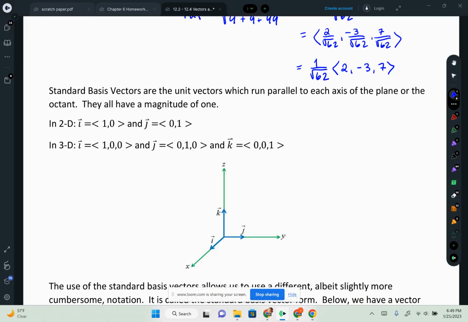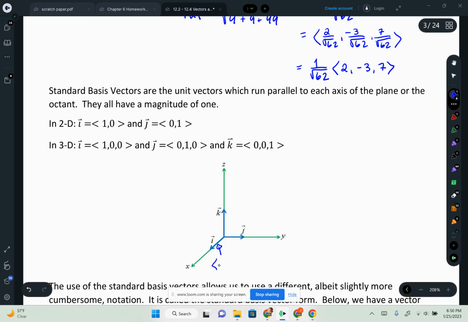So, focusing on the 3D case, there are often situations where we would like a vector that represents one of the standard axes, x, y, or z, but has only a length of unit 1, okay? And so we decided, or somebody decided, that we would call these i, j, and k. i, right here, that is always the unit vector that runs along the x-axis. j is always the one that runs along the y-axis, and k is always the one that runs along the z-axis.